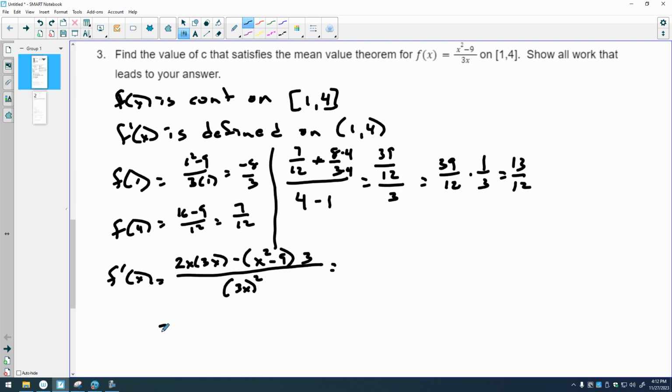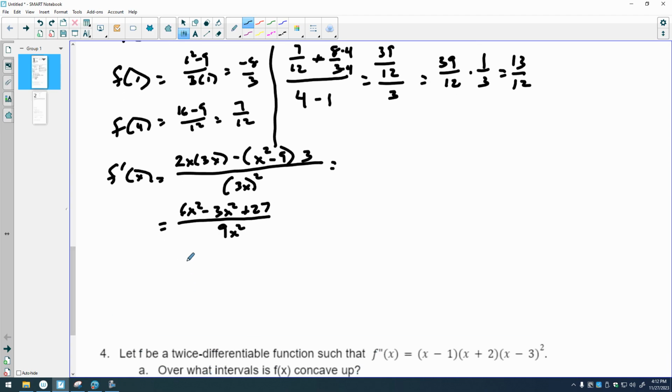Combining some like terms, I get 6x squared minus 3x squared plus 27 all over 9x squared. Combining more like terms, I get 3x squared plus 27 over 9x squared. Simplifying a little bit, dividing both by 3, I get x squared plus 9 all over 3x squared.